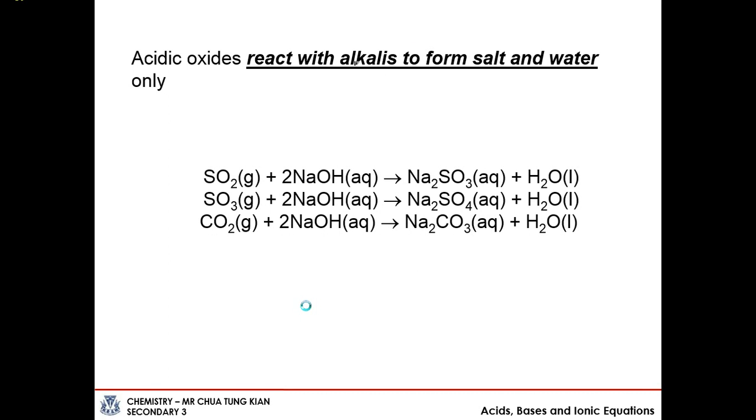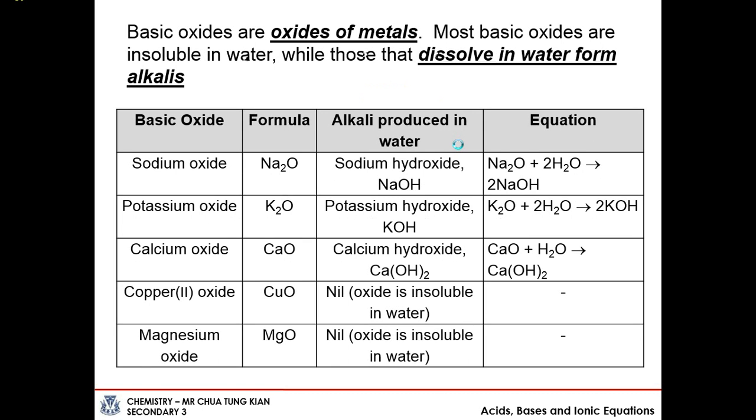Okay, so acidic oxides react with alkalis to give us salt and water. So notice this is similar to the equation we call neutralisation, where acid and base gives us salt and water only.